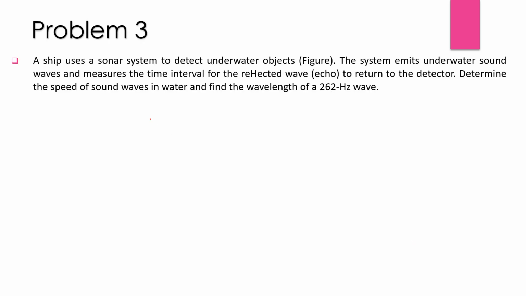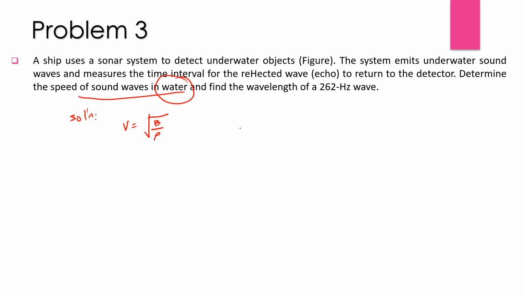Okay, so in order to solve for the speed of sound in water, we will use the equation for the speed of sound in a liquid. The speed of sound in a liquid is equal to the square root of the bulk modulus over the density of the liquid, in which, in this problem, the liquid is water.